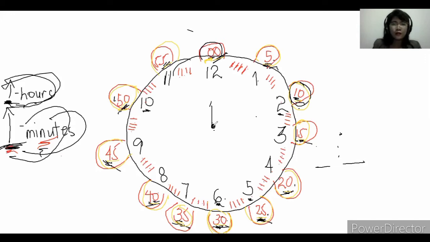Okay. What is that? Read the short hand first, and second the long hand. Okay, it's 12:40. Next, I will give only 5 examples and then your turn.